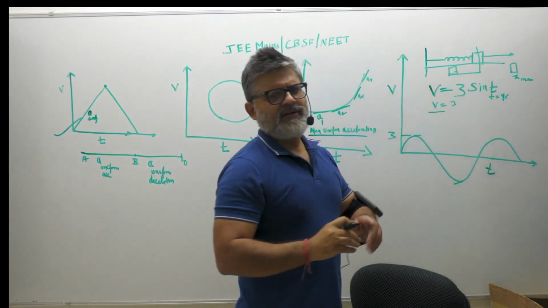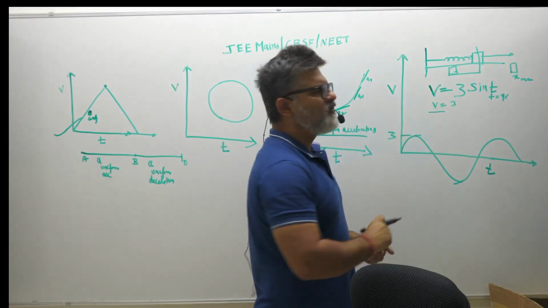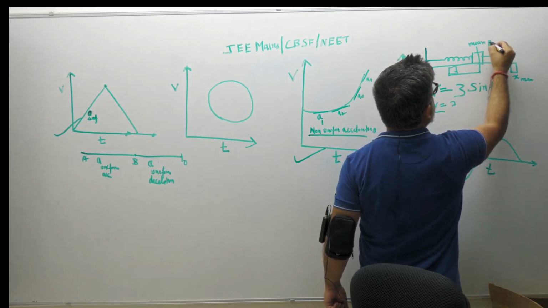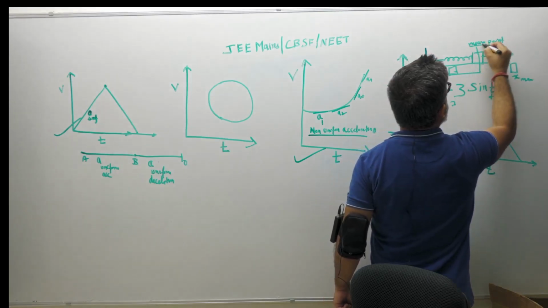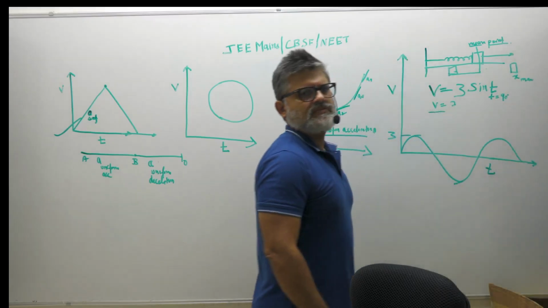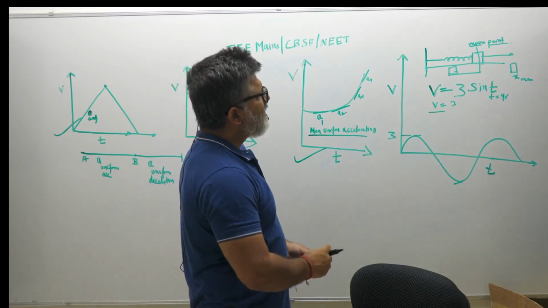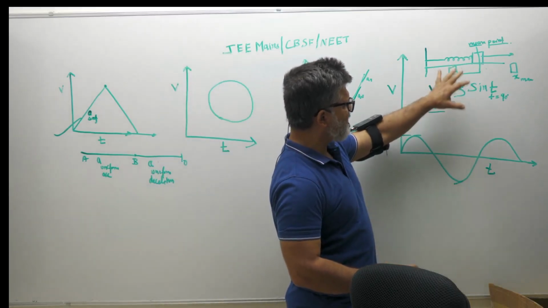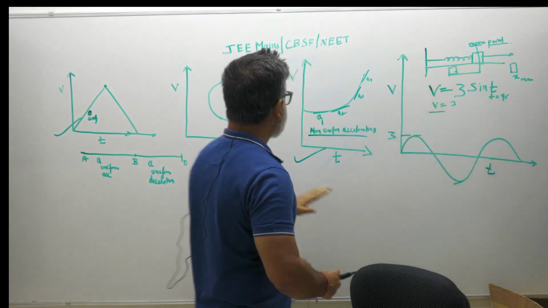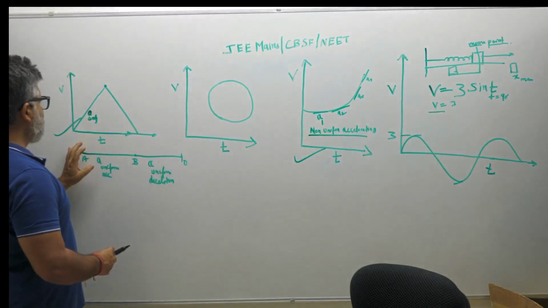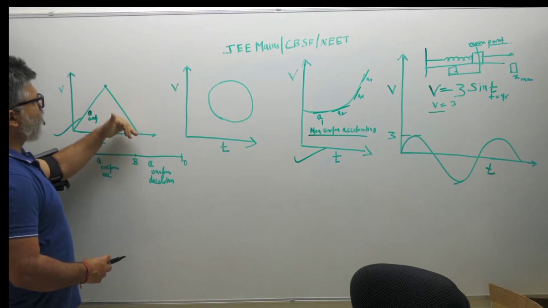The largest distance it moves from the mean point. So if you notice, this is still a linear motion. This is a linear motion with non-uniform acceleration. This is a uniformly accelerated and uniformly decelerated motion.